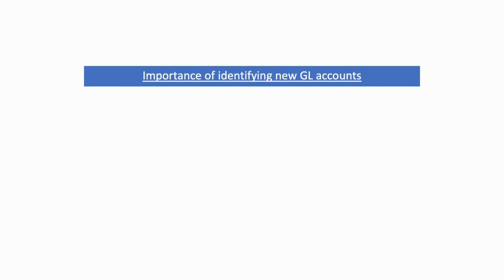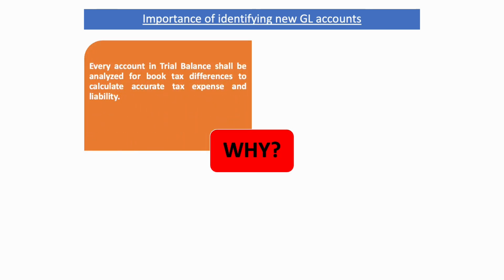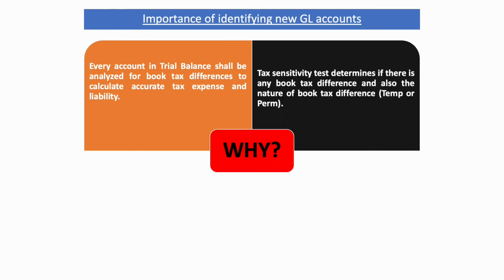So now the final slide of today's presentation is: why is it important to review a GL account, and why does tax need to complete the entire life cycle of a GL account? The first reason would be that in your trial balance, as a prudent tax professional, you should be analyzing each and every single account on your trial balance to make sure you are able to calculate the accurate tax expense and tax liability for your provision and tax return.